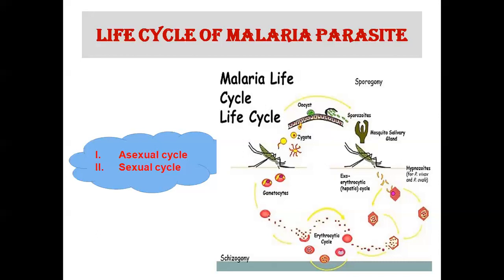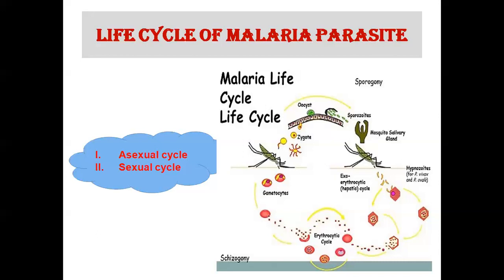Now what is the actual position of the merozoite in the circulation? It is in the blood circulation. Then this merozoite enters the red blood cell.